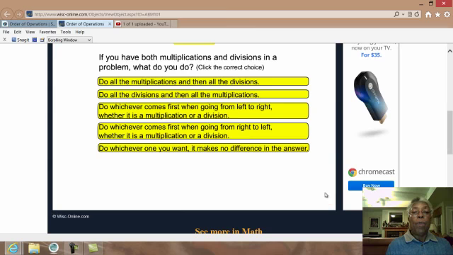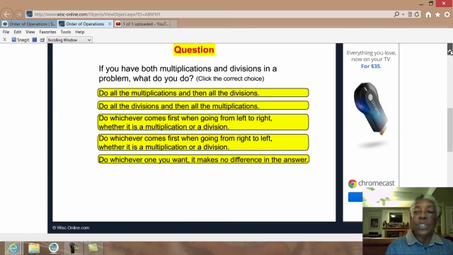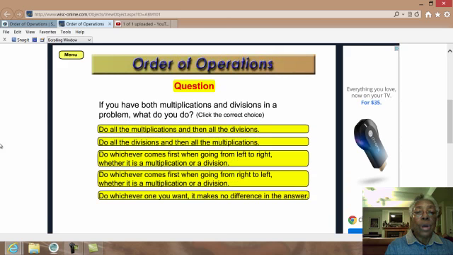If you have both multiplications and divisions in a problem, what do you do? Click the correct answer. Do all the multiplications and then all the divisions. Do all of the divisions and then all the multiplications.